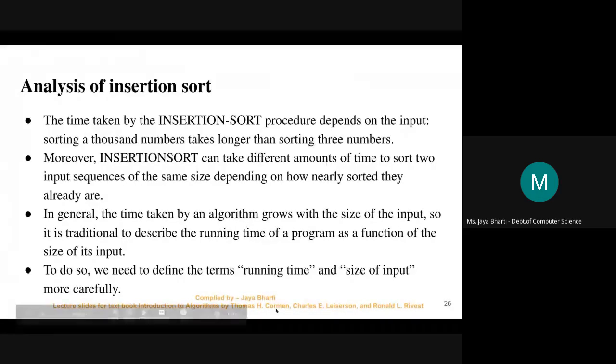To do so, we need to define the terms running time and size of input more carefully. Running time will tell you how much time it is taking, and the size of input will tell you how much space it is taking. So we need to identify these terms more carefully.